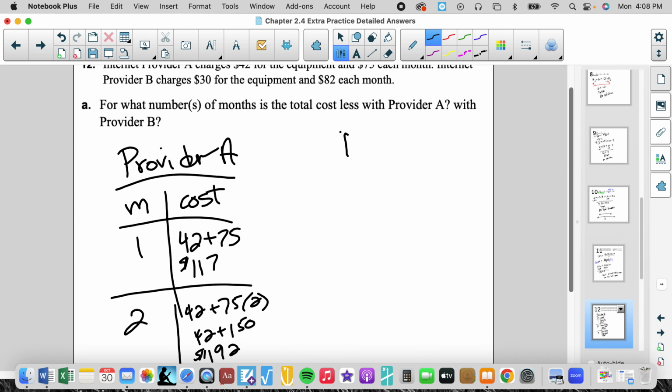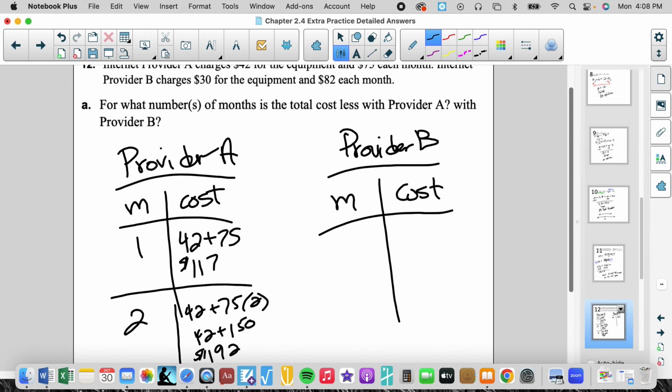Now let's do provider B. Provider B, months, cost, and provider B for month 1 is 30 for the equipment and 82. So that is going to be 112 for the first month.